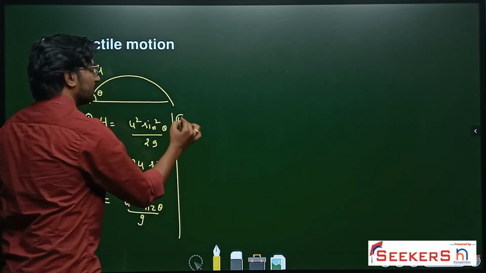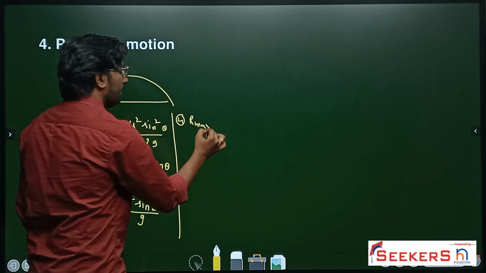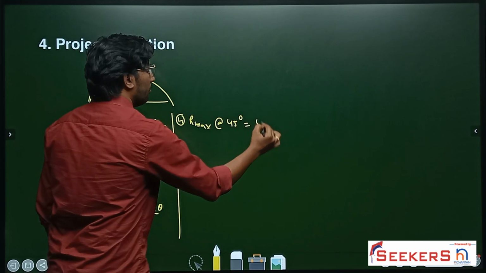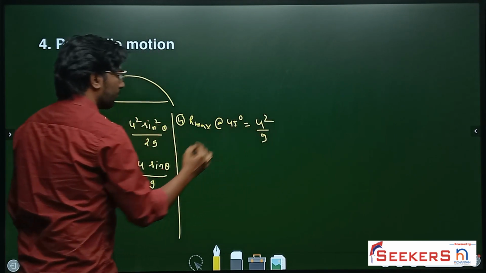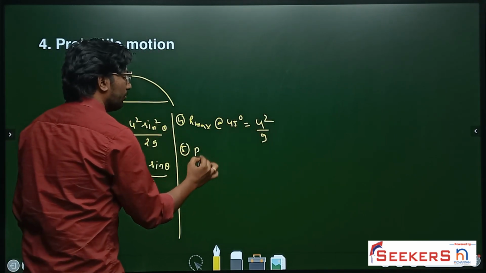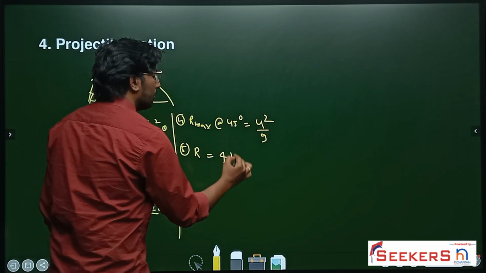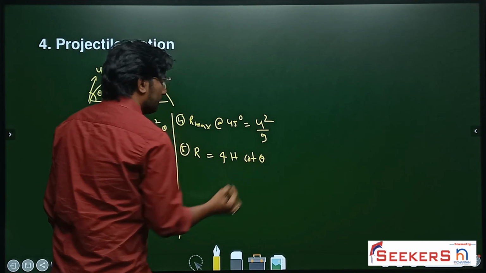This range can be maximum at 45 degree. Therefore, its value will become u square by g. The relation between range and maximum height is R is equal to 4h cot theta.